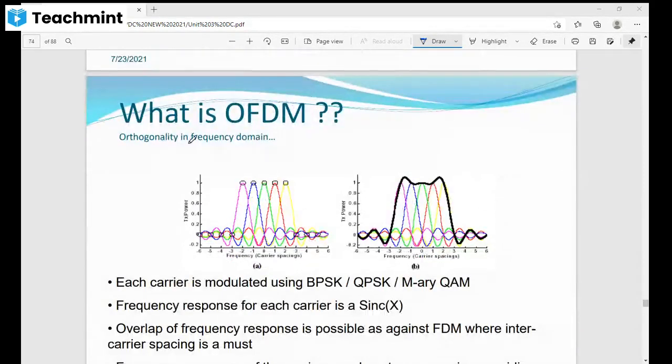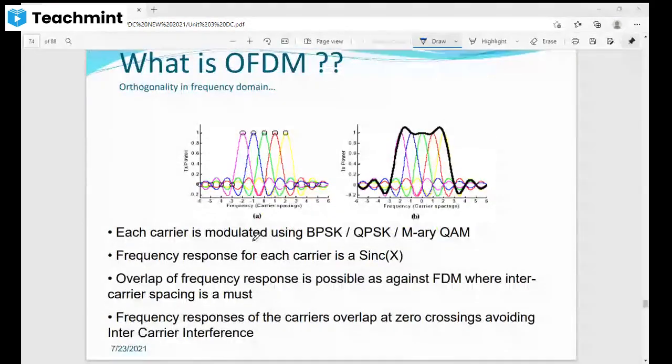So the orthogonality in frequency domain, this is the thing that I am saying.